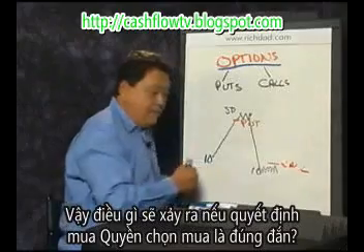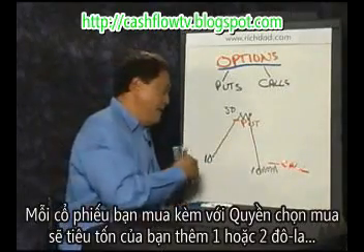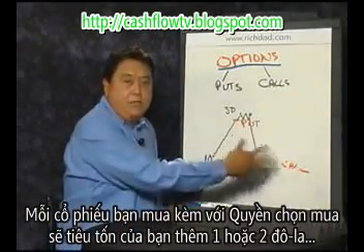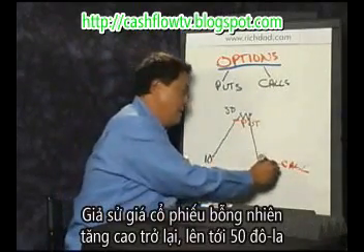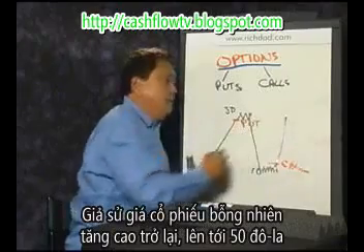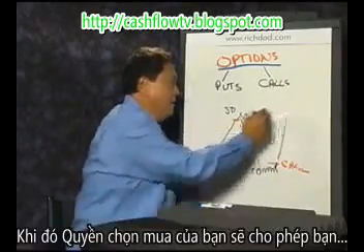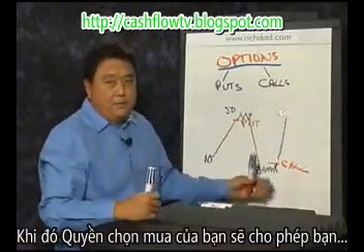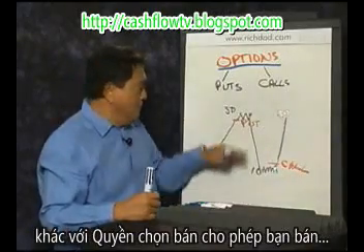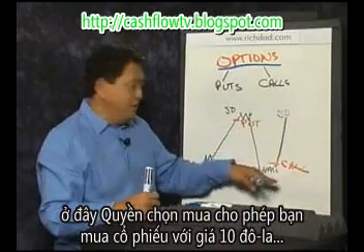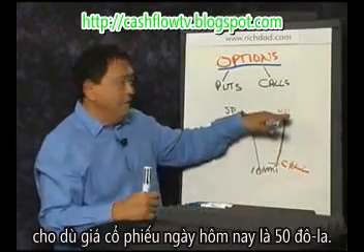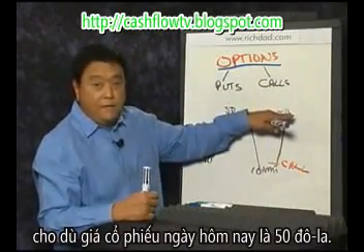A call option may cost you $1 or $2, a put maybe the same price, and not very expensive. And let's say the price suddenly goes back up to $50 again. What a put allows you to do is sell; a call allows you to buy the share at $10, even though the stock is at $50 that day.